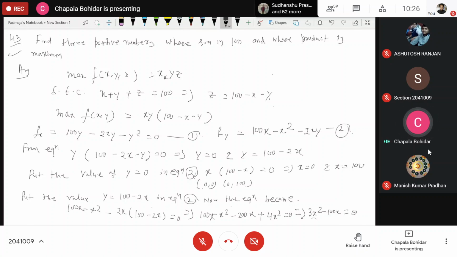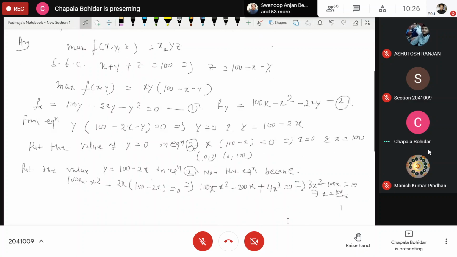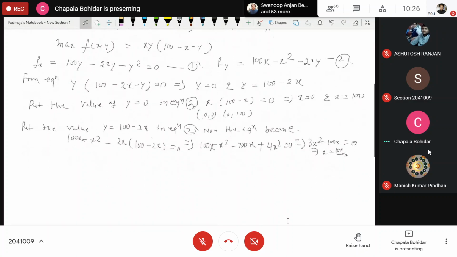This implies x is equal to 100 by 3. x is equal to 100 by 3. Okay. And taking x common here, x is equal to 0. Is it not?